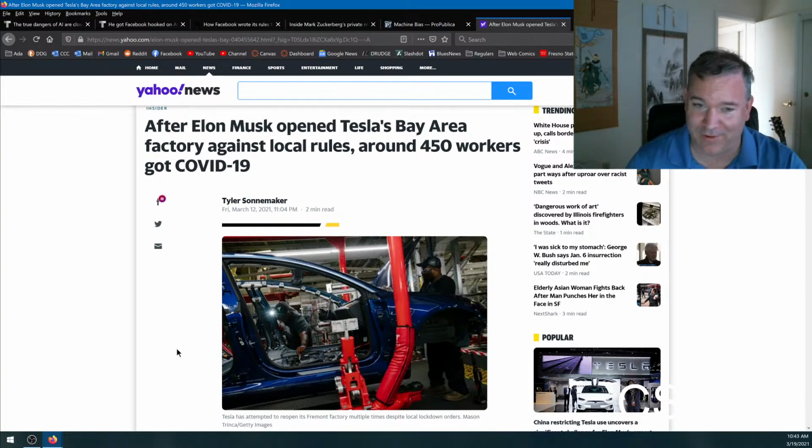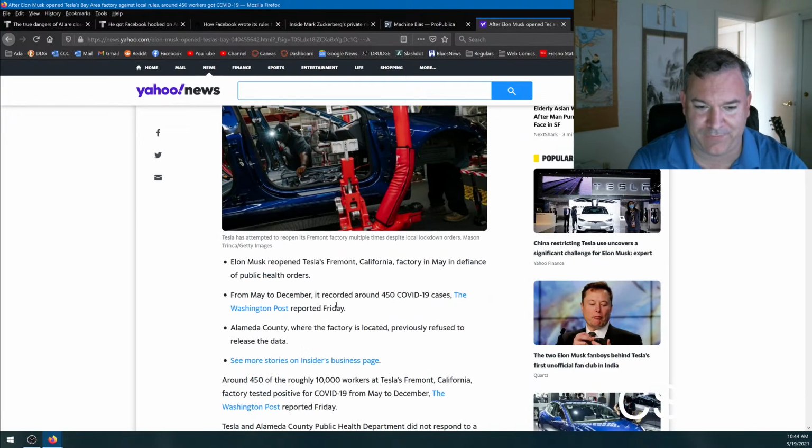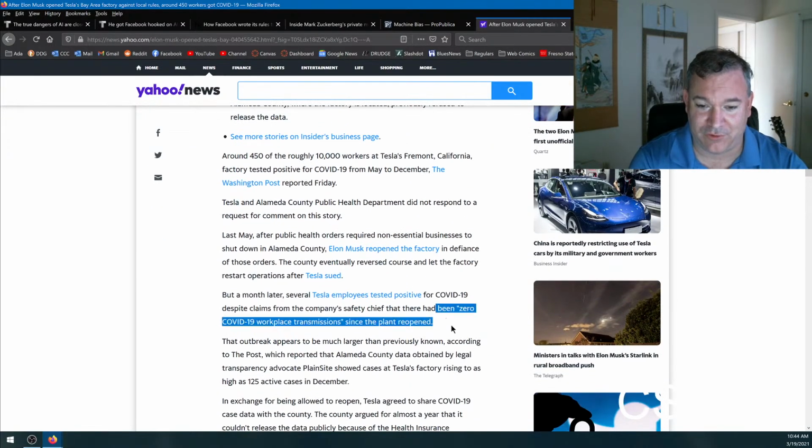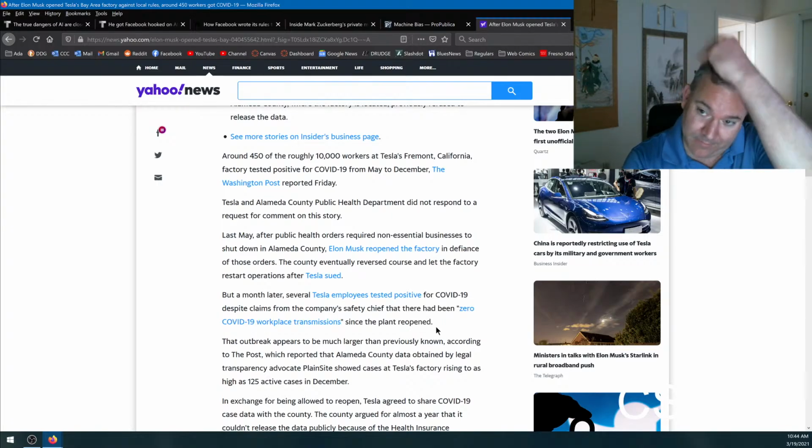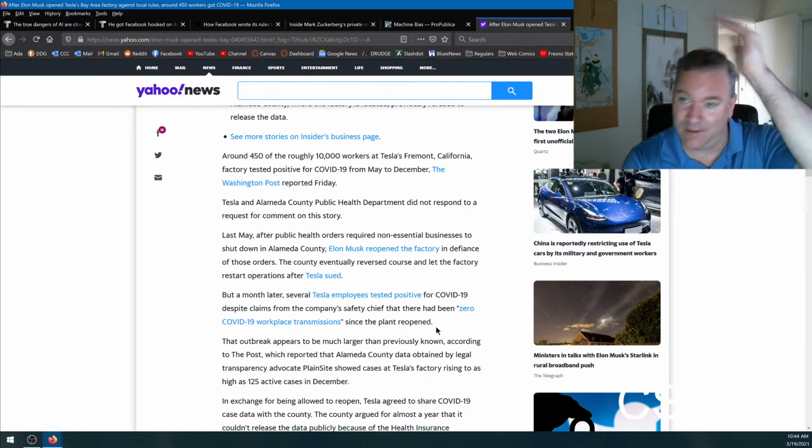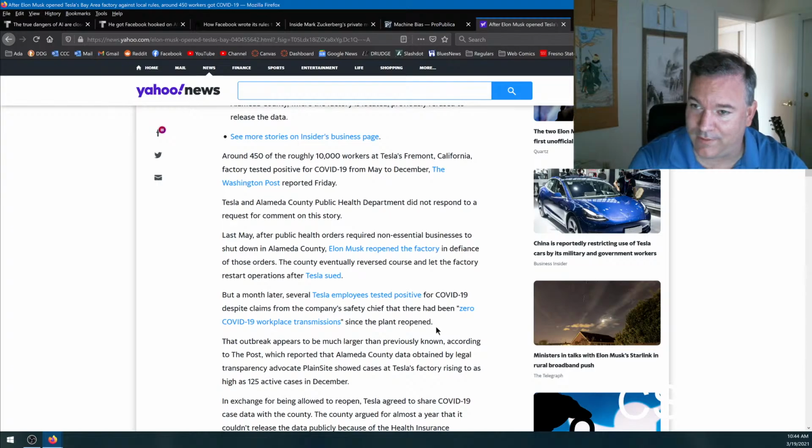A lower percentage got sick from the people that worked at the Tesla factory. And so if this is true, which I have no idea if it is or not, if in fact zero COVID workplace transmissions took place, then they're actually less likely to get sick if they're working than not. You know what I mean?